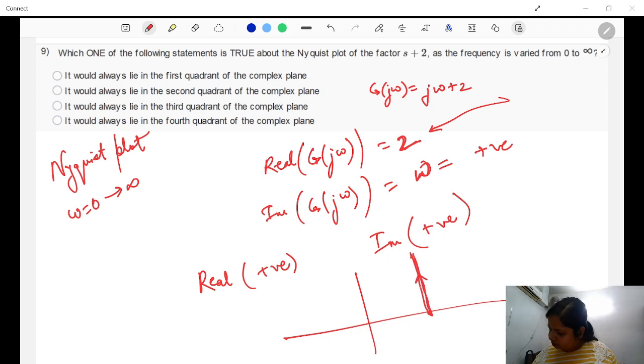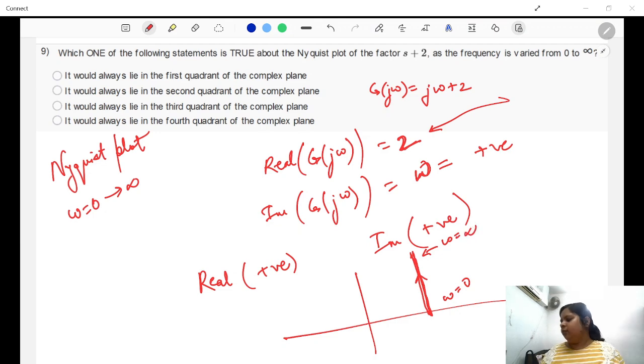This would be omega equal to 0, and this would be omega equal to infinity. So you are going to have this line only. This is your real part. This is your imaginary part. Make sense? Yeah. Straight line from x equal to 2.